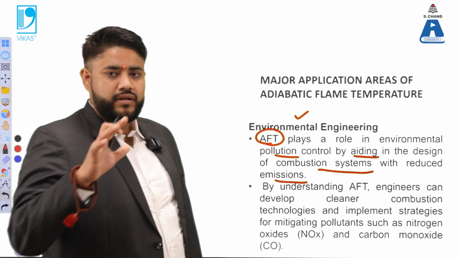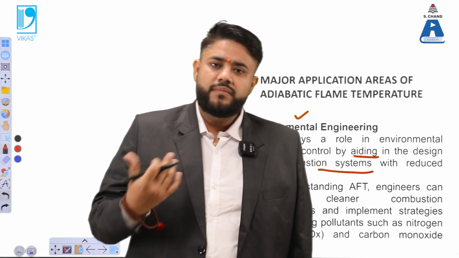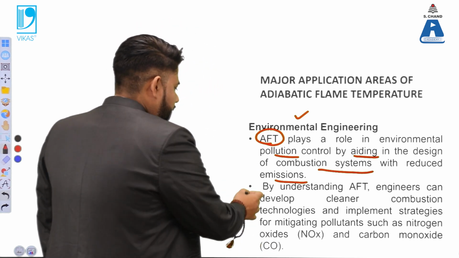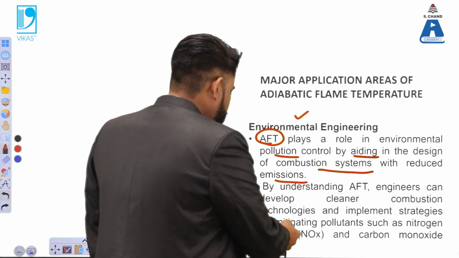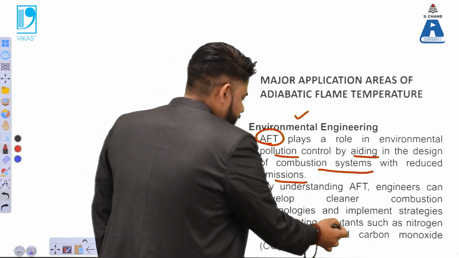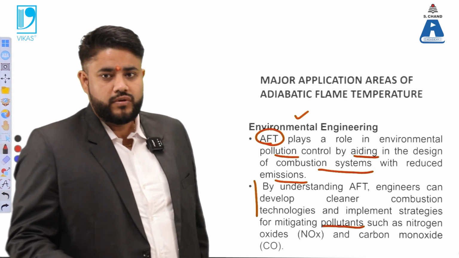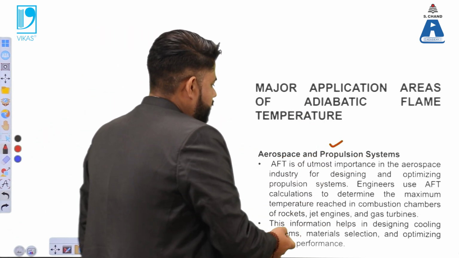So when there are reductions in the emissions, ultimately the environmental engineering aspect comes into existence, and these technologies are applicable to getting out strategies of mitigating pollutants such as NOx or carbon monoxide emissions.